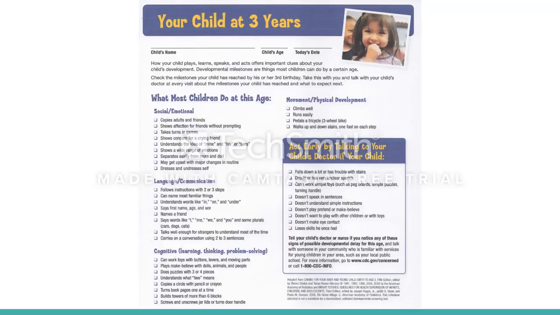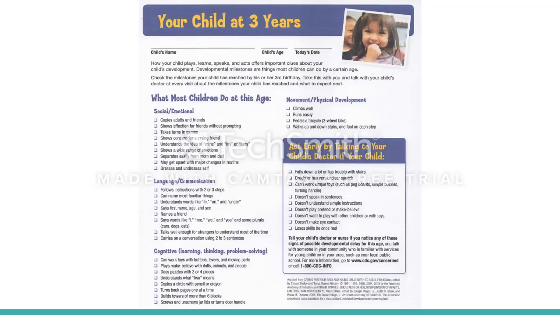So whether they show affection for friends without prompting, if they take turns in games, or if they show concern, or maybe if they get upset with major changes in their routine. Those are things that are typical for their age, for their pragmatic skills, for that social environment.